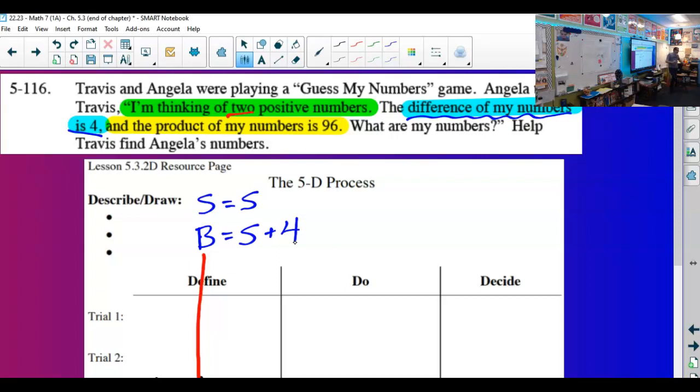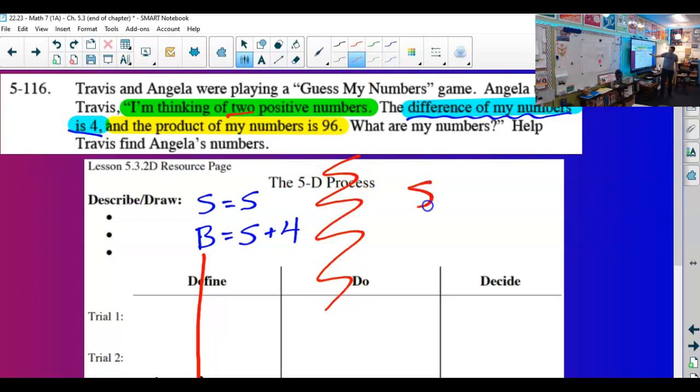Guys, if you don't take a moment to think about whether this makes sense in your head, you're not getting anything. The difference is 4. So that means one is 4 bigger than the other. Guys, this is very much an or, not and.